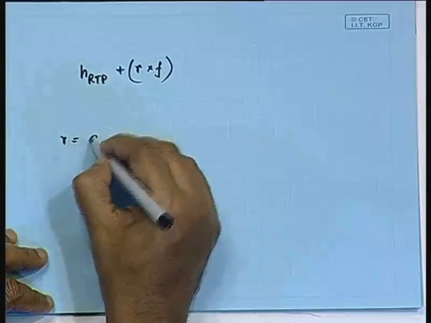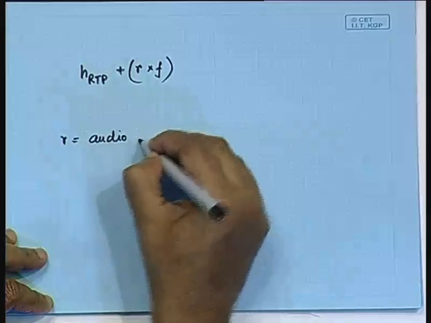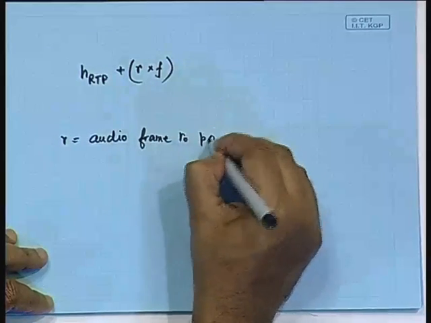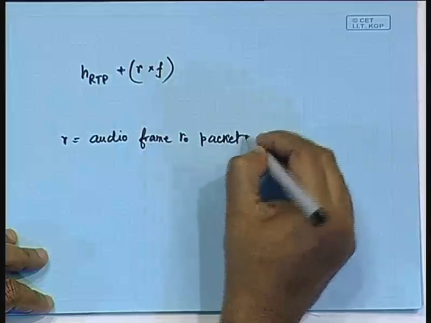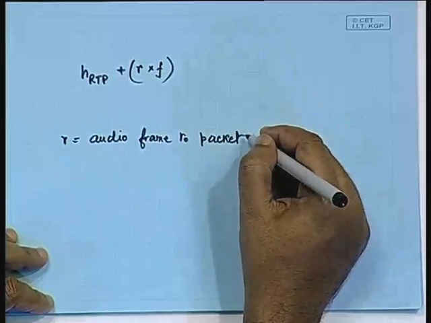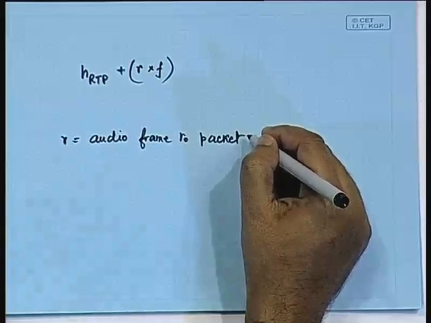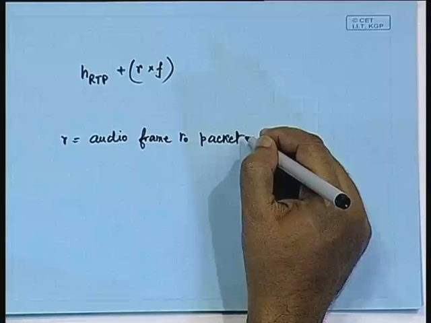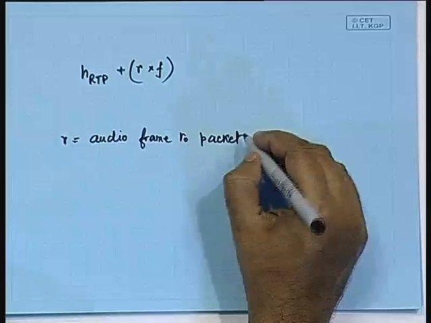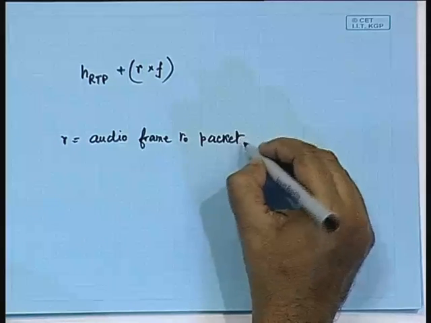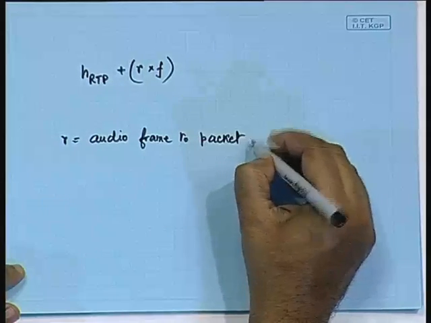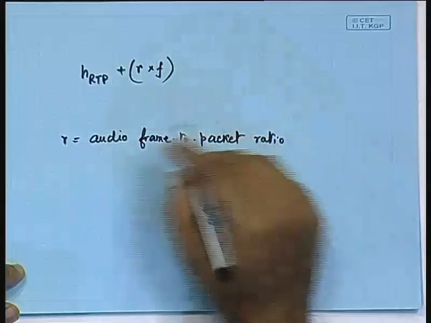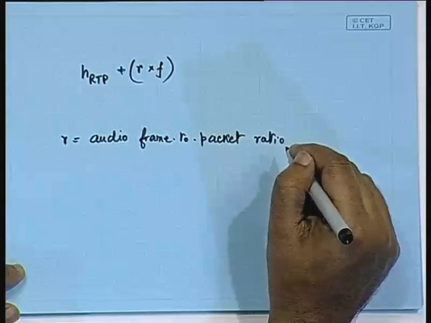R is the audio frame to packet ratio, because the packet has to be of smaller size; the packet cannot be one frame size. Only in the multiplexed scheme can we have the packet equal to one frame size, but normally the packet is less than a frame size. So the audio frame to packet ratio will typically be less than unity.